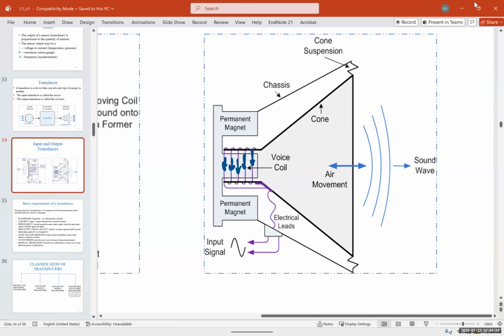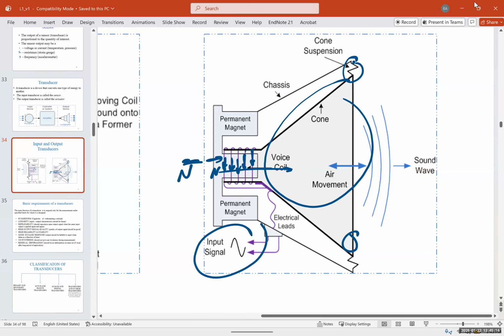Do you remember what the magnetic field direction was from physics? If your finger is the direction of the current, then the direction of the magnetic field will be outward. So if I have an N over here and let's say an N over here, they're going to repel each other and this is going to move. When this moves, it moves the diaphragm. So the whole thing is vibrating.